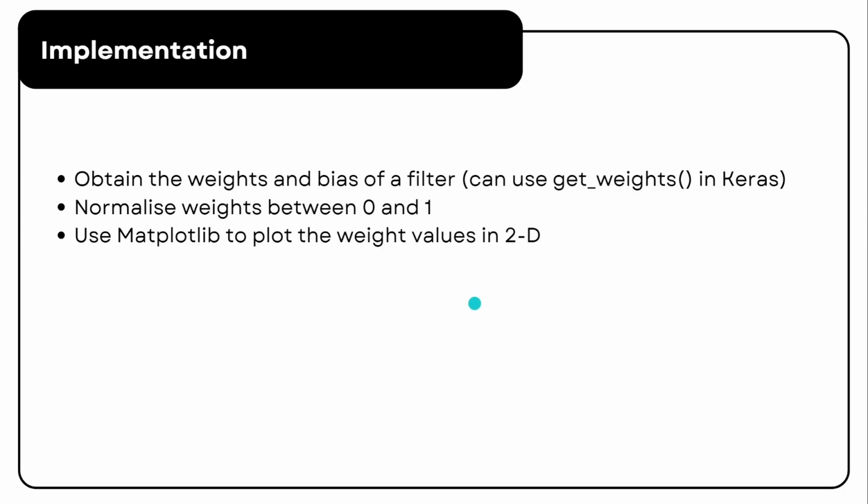We will try to have a demo with PyTorch, so stay tuned. Once we have the weights, we normalize them to the range of 0 to 1. Then we use matplotlib to plot the weight values in 2D. We will go through this step by step in the next lesson.